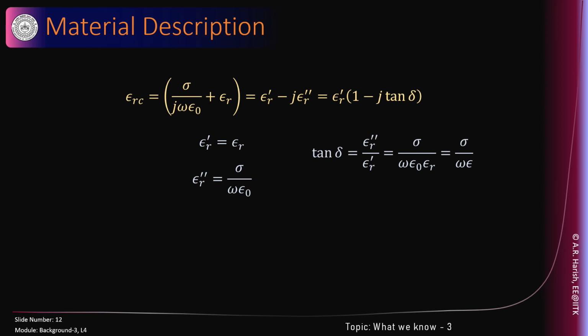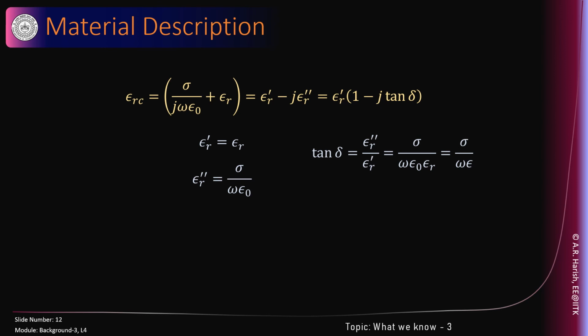So if you have a real material, which has a certain permittivity, epsilon r prime or epsilon r, and has certain loss or some conductivity sigma, and we are operating at some frequency omega, then we can express this material in terms of epsilon r, sigma and omega, or as epsilon r prime and epsilon r double prime, or as epsilon r prime and tan delta.